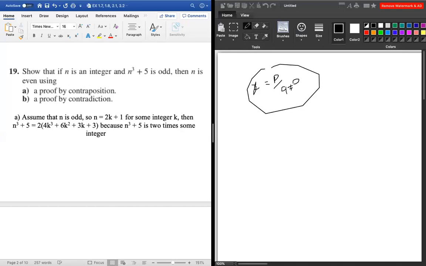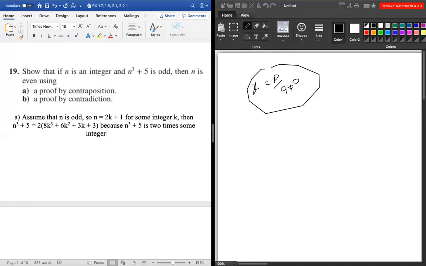Isn't that 8k cubed at the beginning here? Yes, you're right. It's 8. Yeah, 2 cubed is 8. Okay.